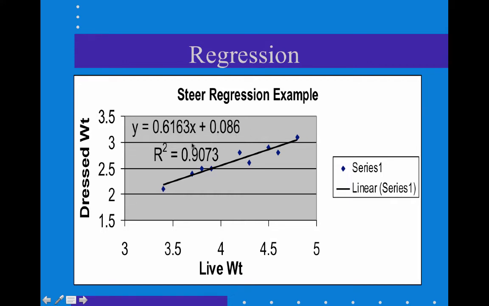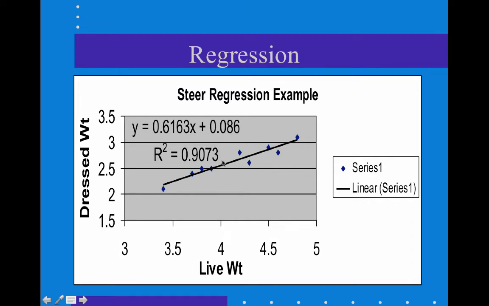Our regression analysis will also give us an R-squared value, or a regression value, and that value is going to lie between 0 and 1. The higher it is, so the closer to 1 it is, the more confidence we can put in that regression. This is 0.9, so we are pretty confident that the live weight is going to dictate the dressed weight.